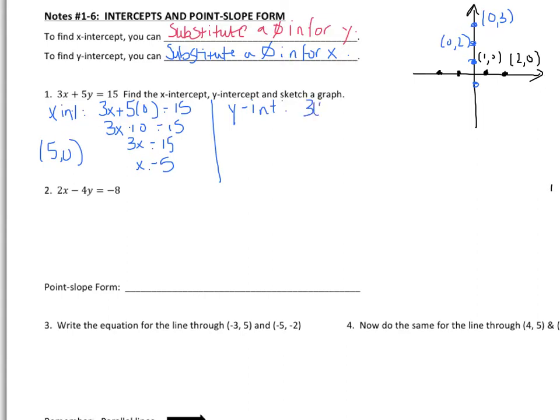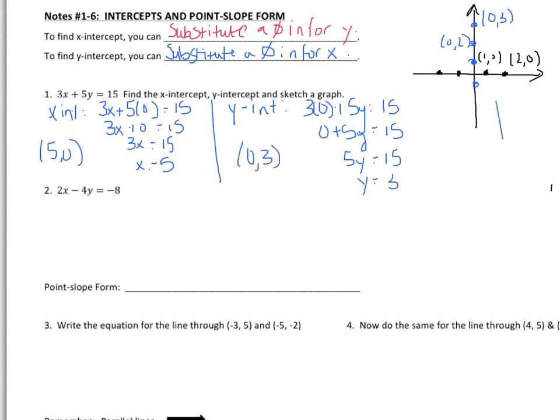So 3 times 0 plus 5y equals 15. That gives me 0 plus 5y equals 15. So that means that 5y equals 15 and y equals 3. So my y-intercept is at 0, 3.